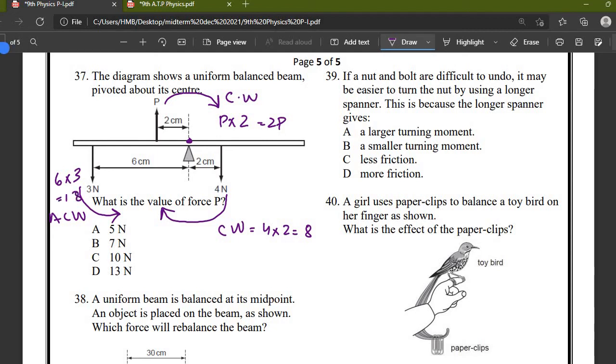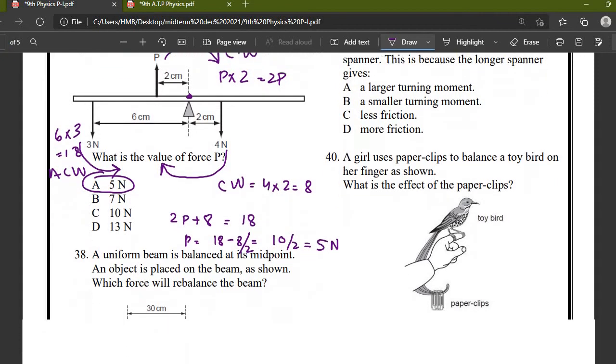So these two clockwise torques will be added, so 2P plus 8 should be equal to the anti-clockwise torque, 18. So the value of P will be equal to 18 minus 8 divided by 2, so 10 over 2 equals 5 Newton. Correct answer is option A.